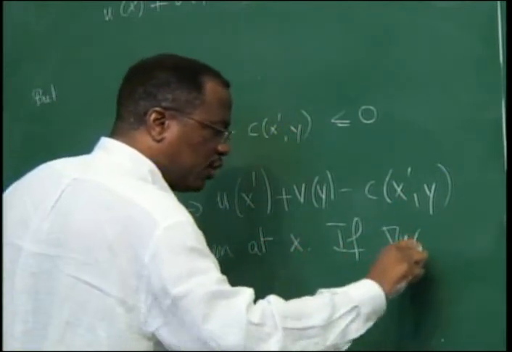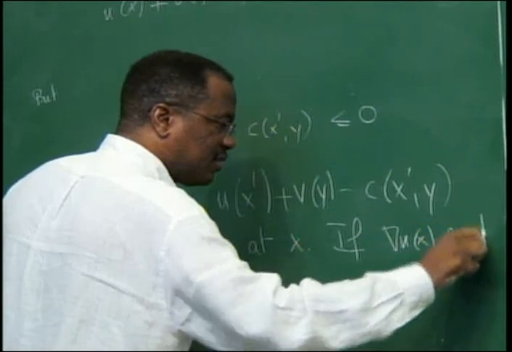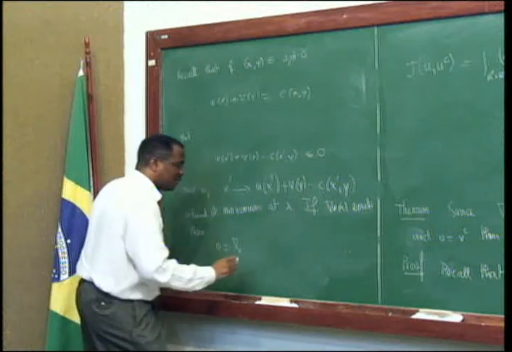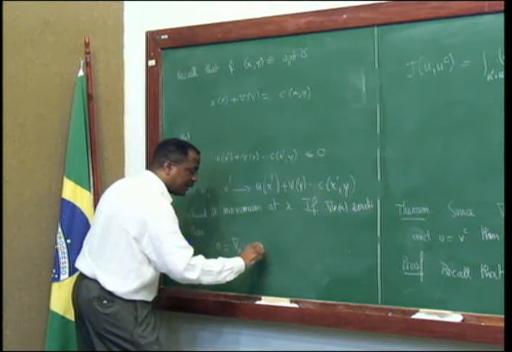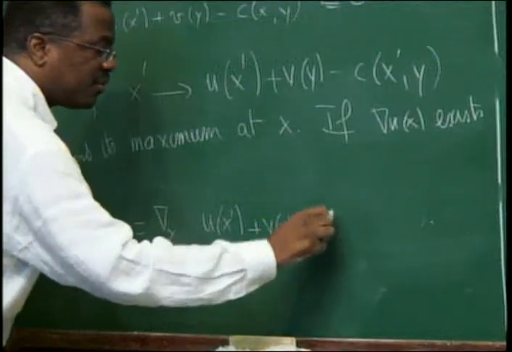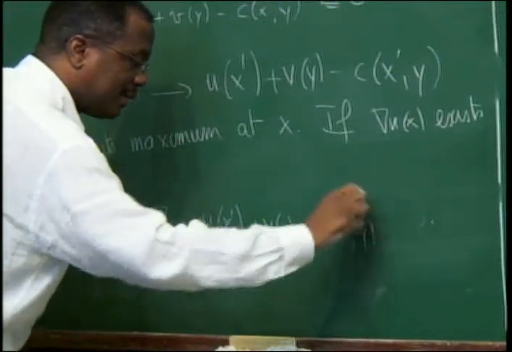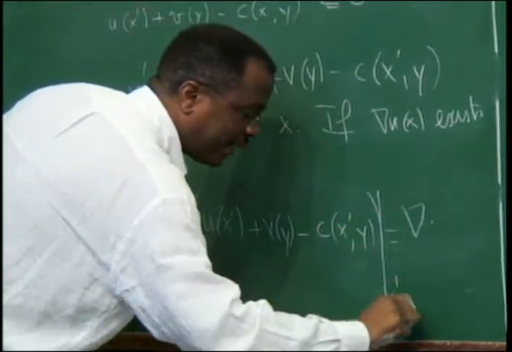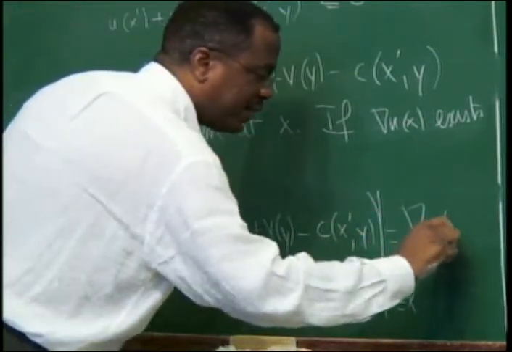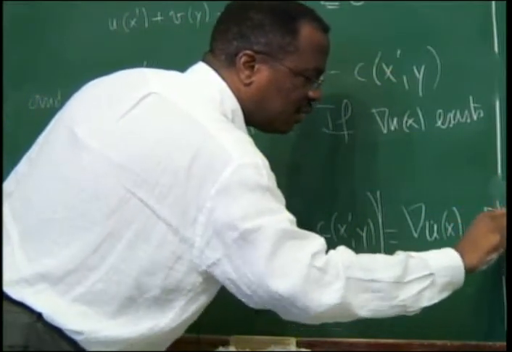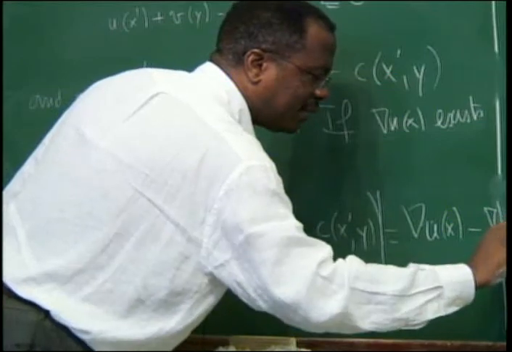If the gradient of U of x exists, then 0 will be the derivative with respect to x of U of S prime plus V of Y minus C of S prime, Y. And that is at S prime equal to S. That is the gradient of U of x minus the gradient of h of x minus y.